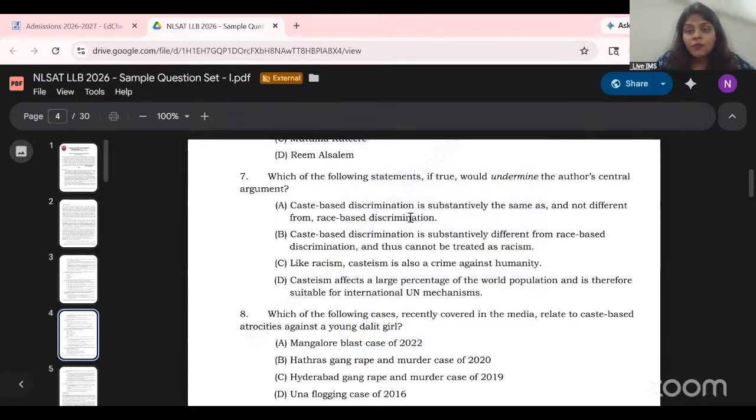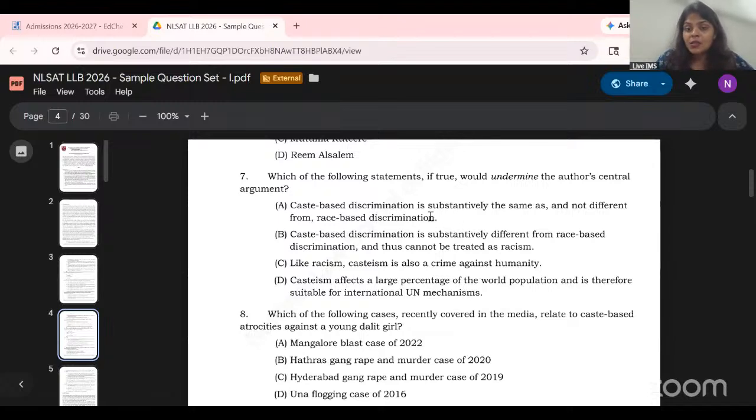But the author is talking about these two types of discrimination being completely different from each other, and that is why there is a need for recognition. So you will see that even B is supporting the author's side.